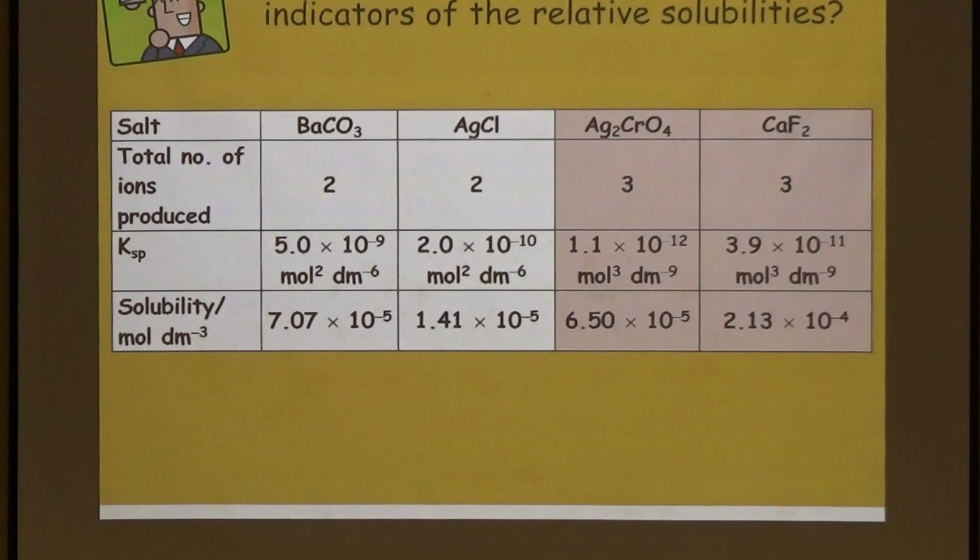If you don't think about it carefully enough, it would appear that the silver chromate is not very soluble, judging just from the KSP, because it's 1.1 times 10 to the power minus 12, whereas the barium carbonate is 5.0 times 10 to the minus 9. It is 3 orders of magnitude different. But when you actually calculate out the solubility, they are not very different.